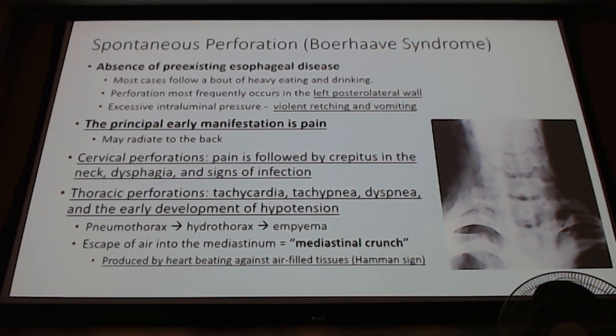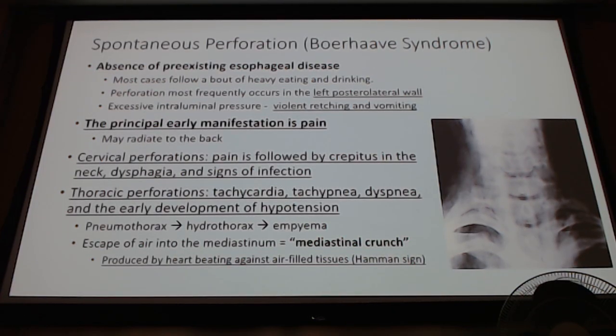It's basically that subcutaneous air that you feel, but you're listening to it as the heart beats against it. I've never heard it, but it's a mediastinal crunch, and it's also the Hammond sign. So if you have a pneumomediastinum and you listen to the heartbeat, you most likely will hear that mediastinal crunch, that Rice Krispies sound as the heart beats against that air.